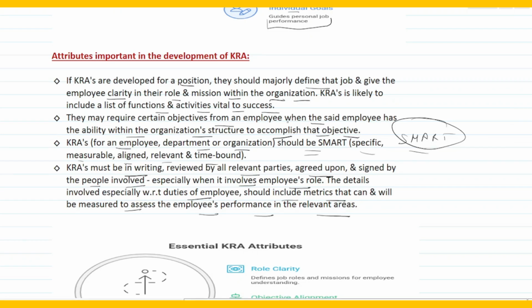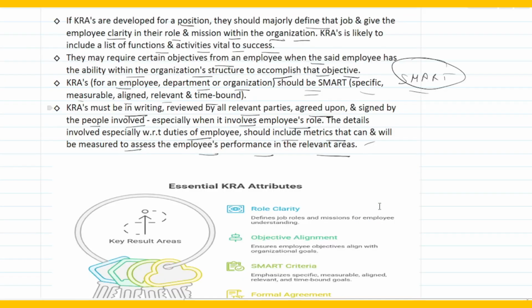Then you talk about the SMART part, and the SMART can be with respect to employee, department and organization. SMART stands for specific, measurable, aligned, relevant and time bound, and it should be in writing, reviewed by all relevant parties, agreed upon and signed by the people involved, right? And details involved, especially with respect to the duties of the employees. It should also lay down the metrics that can and will be measured to assess the employee's performance in the relevant areas, right?